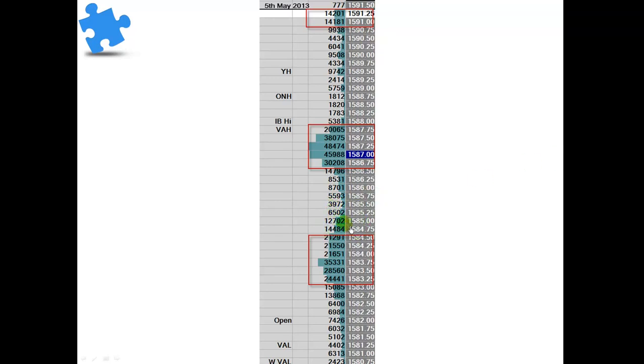Either way, what you're not doing is seeing a volume cluster and then immediately thinking the market's slowed down, therefore it's going to reverse. Because if you think of these more as price acceptance, that the market actually likes to do business here, then you'll be more inclined to stay with the overall direction of the market instead of fading it all the time.